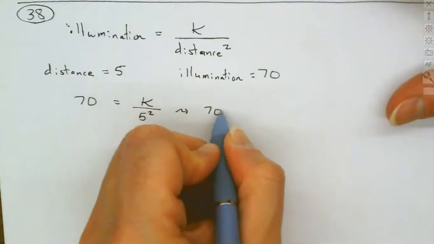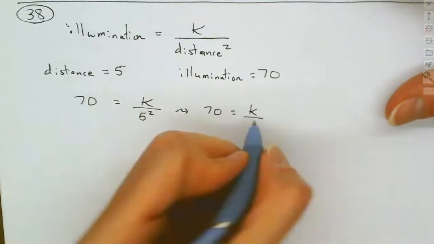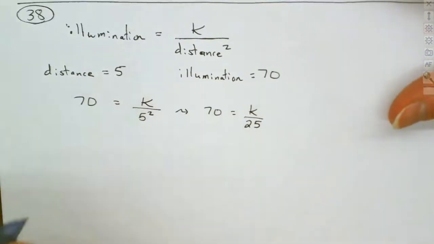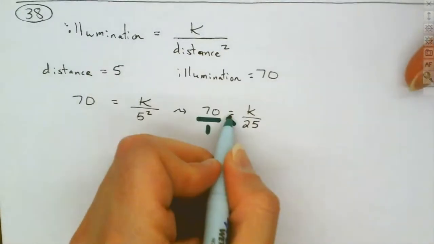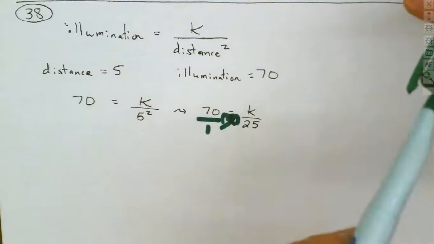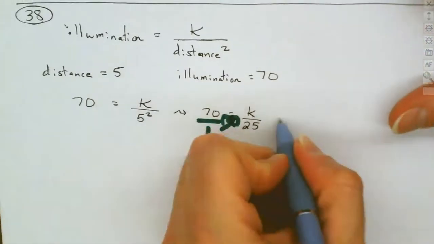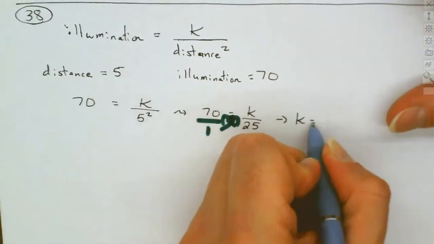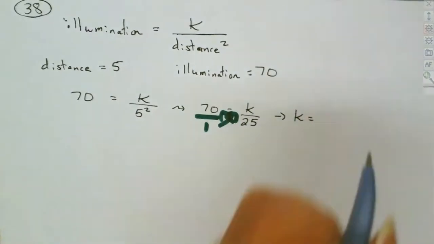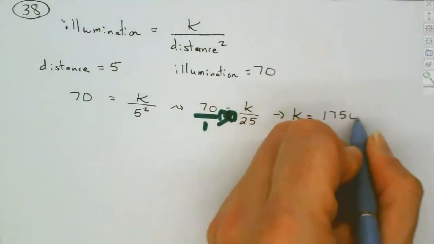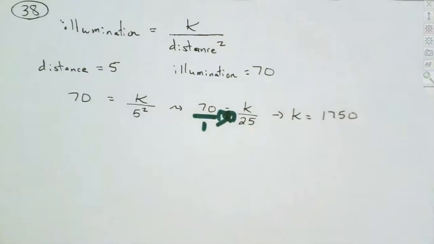So then 70 equals K over 25. And now we can just simply cross multiply, can't we? And that gives you now K is going to equal what? Well, let's multiply and see what we get. 70 times 25, that's 1750, isn't it?